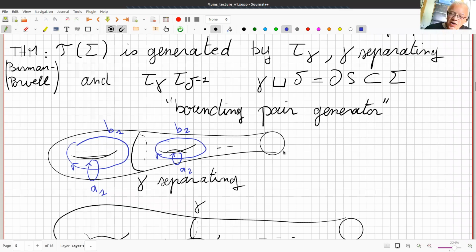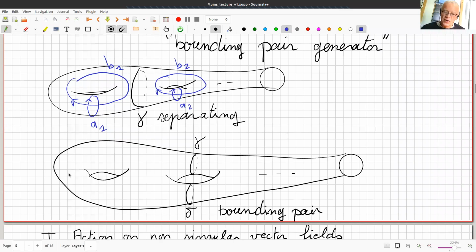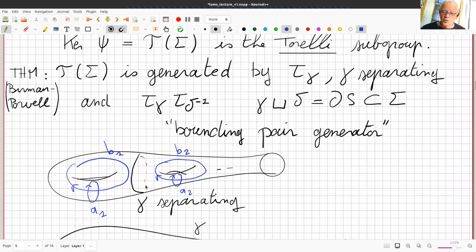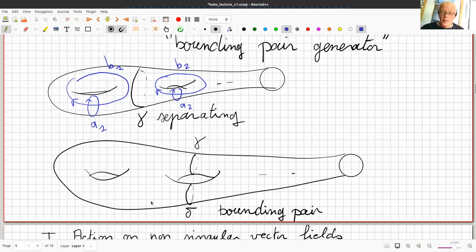In fact, there is an even stronger result about generation. You see that a bounding pair has a certain genus corresponding to the bounded surface. Here, this is a bounding pair in genus 1. And it was proved by Johnson that these bounding pairs are enough for generating.